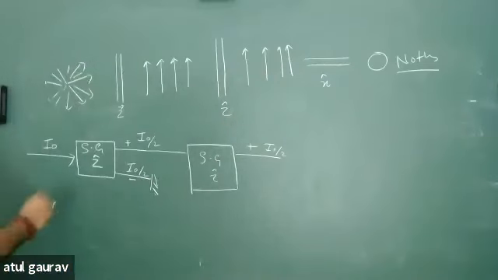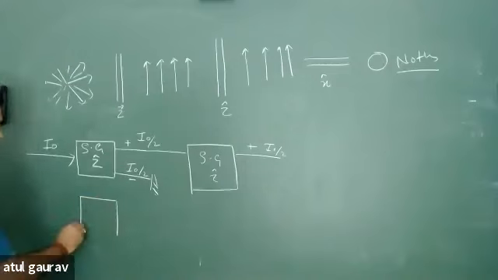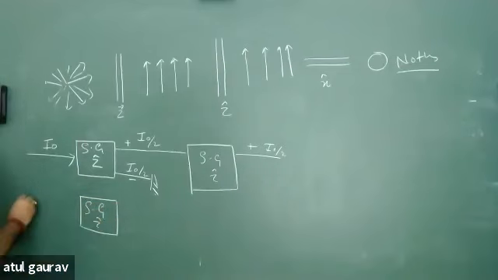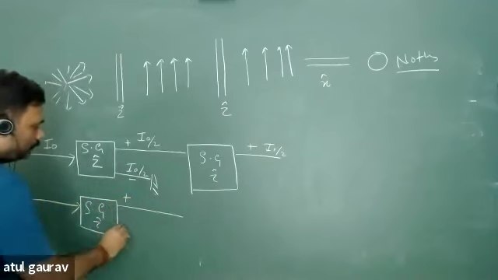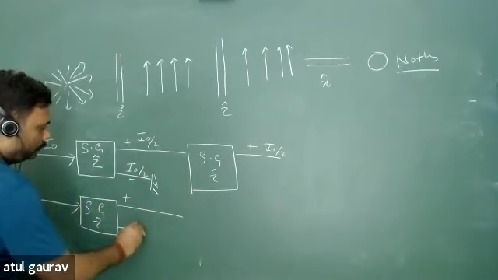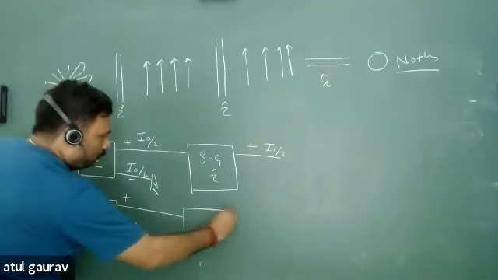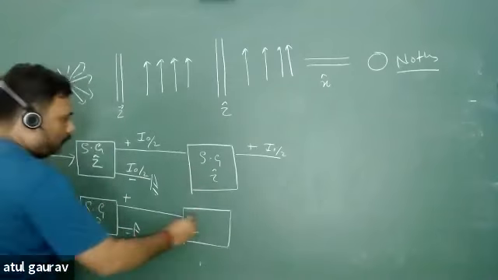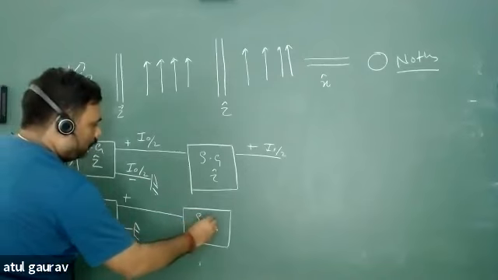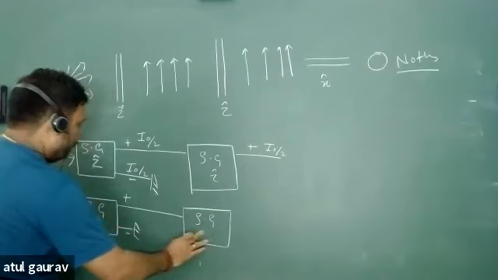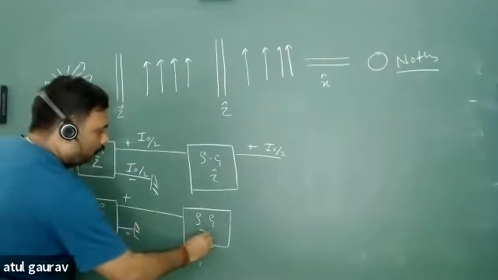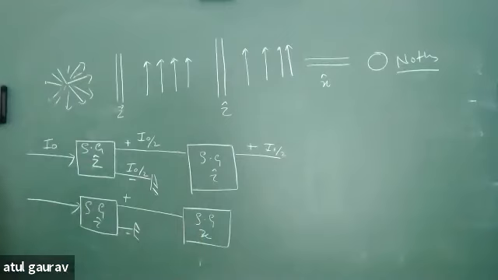Look at what next. This is the most important thing. Now again I am putting Z cap, allowing the electrons. It will just go through the plus, and the minus I am blocking. It will just cross from here, and I will put SG in the X direction.